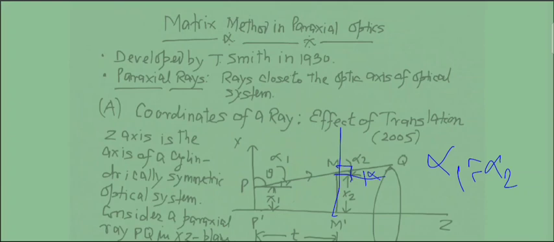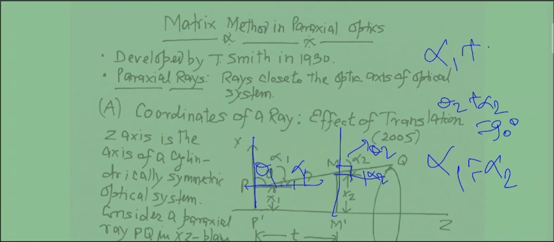This is alpha 2, so this will be your theta 2, and theta 2 plus alpha 2 will be equal to 90 degrees. Both will be complementary angles. Similarly, this angle is alpha 1, this angle is theta 1, so theta 1 plus alpha 1 will also be equal to 90 degrees. And alpha 1 is equal to alpha 2, so theta 1 will also be equal to theta 2.